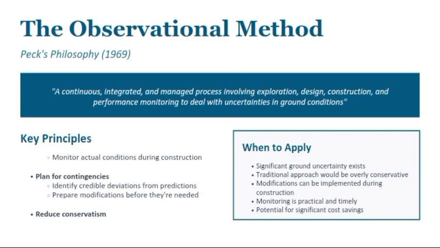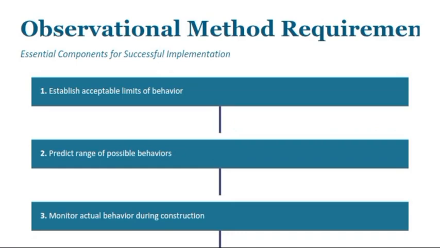See, the observational method allows the engineer to respond immediately by doing any of the following: reducing loading rates, installing drainage, reinforcing foundations, or modifying the design altogether. This method improves safety because decisions are based on real field performance rather than assumptions alone.